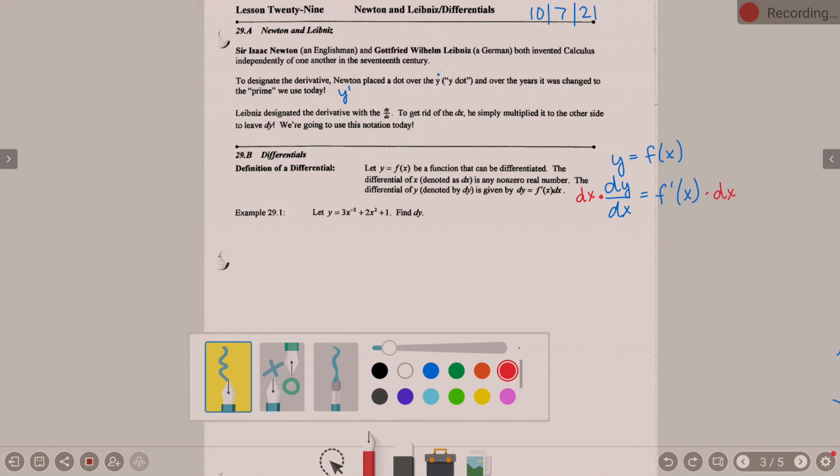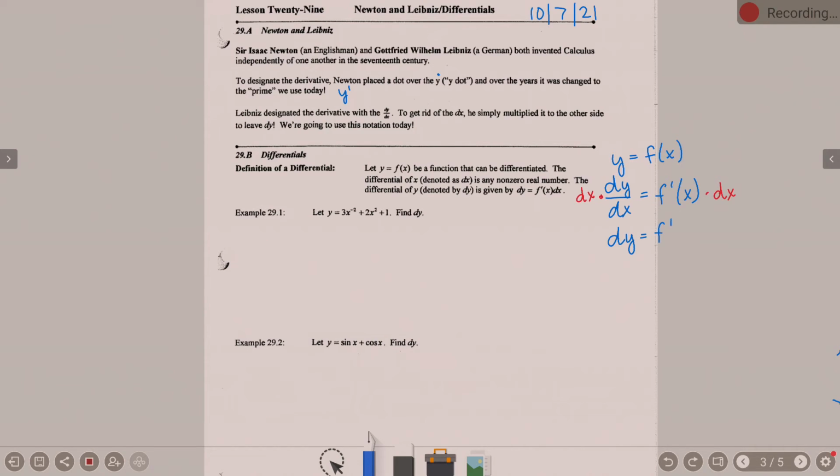When you clean that up, the dx's cancel, and dy is f prime of x dx, which goes along with the definition of a differential. In other words, dy itself equals f prime of x times dx.